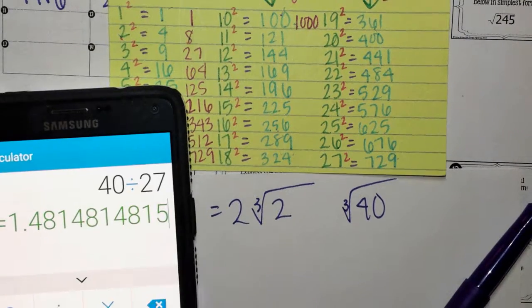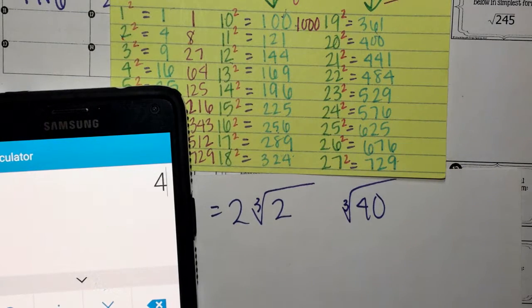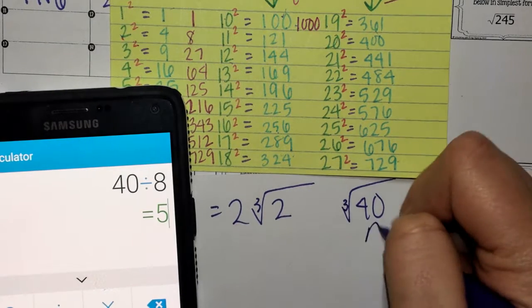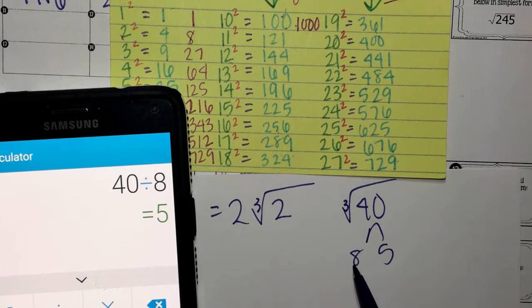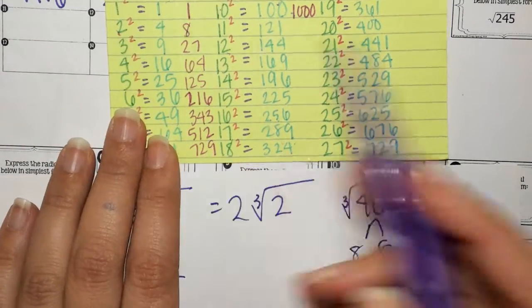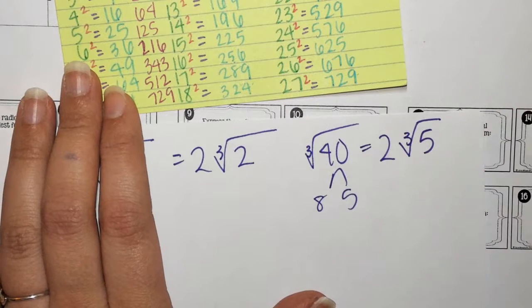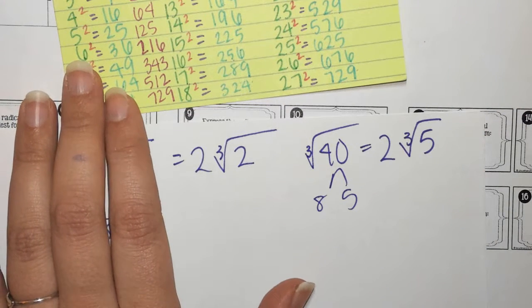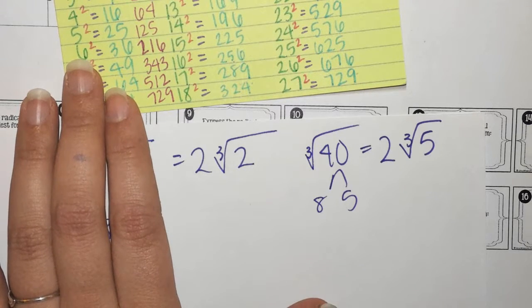I got 1.48. So that's not a whole number, so let's go back. 8, okay, so let's do 40 divided by 8. I got 5. Now what is the cubed root of 8? It's 2. So it's 2 cubed root 5. That's it. Oh, this is easy. You're doing the same thing, but with the cube.